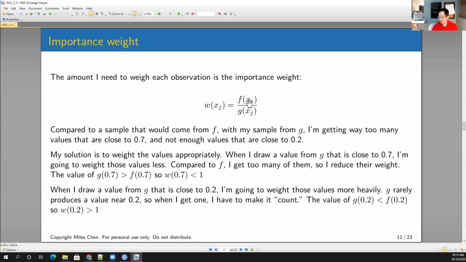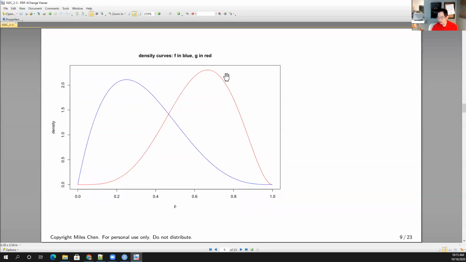If we look back here, part of the issue is that when I generate values from the red distribution, I'm going to generate values like 0.7 way too much. 0.7 is going to show up way too often in my random sample, whereas values like 0.3 or 0.2 are going to show up very infrequently.